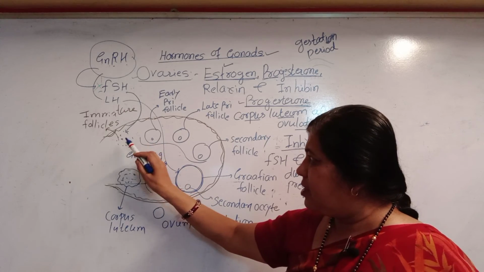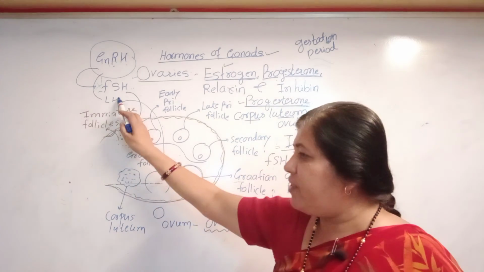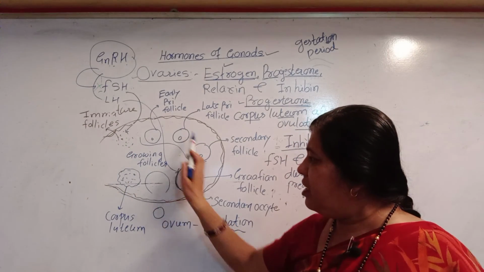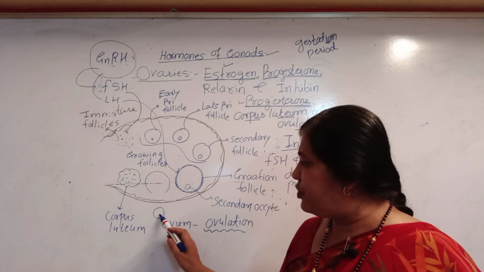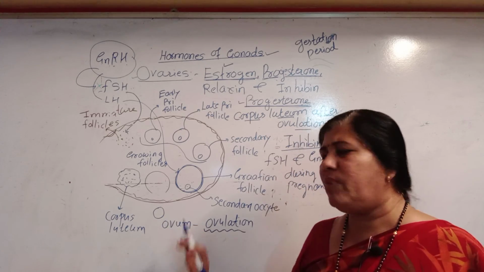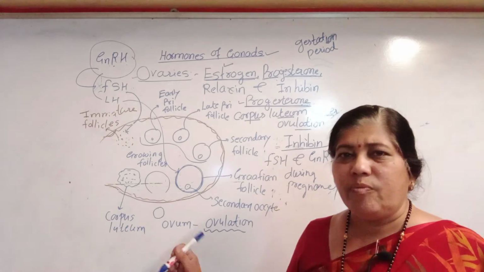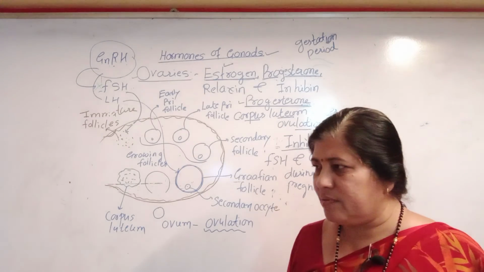Means one immature follicle gets stimulated by FSH. That follicle is converted into a Graafian follicle, ruptures, the ovum is released out of the ovary, and that ovum gets fertilized. And pregnancy starts in the uterus of that female.